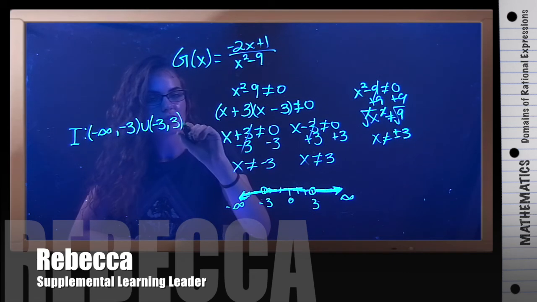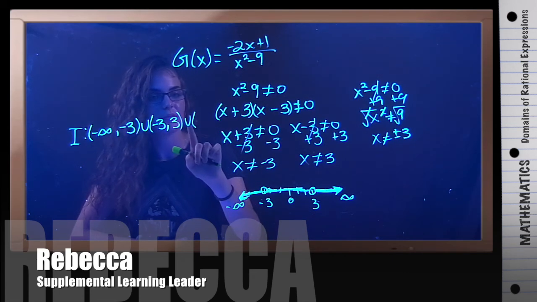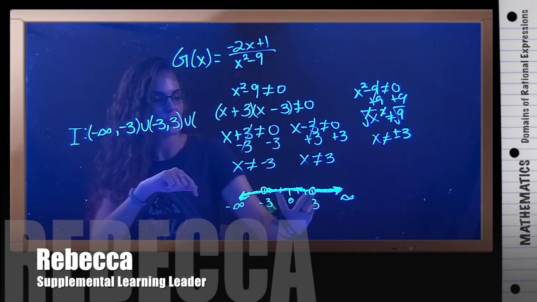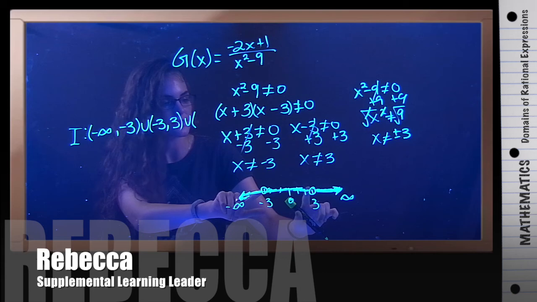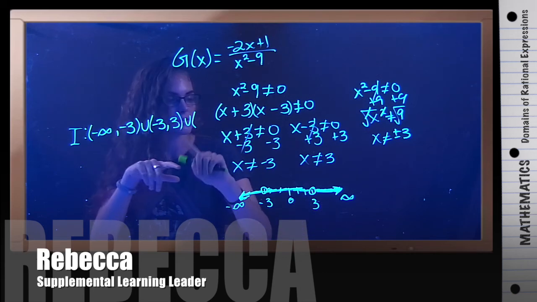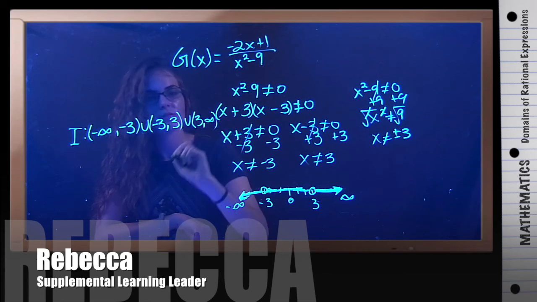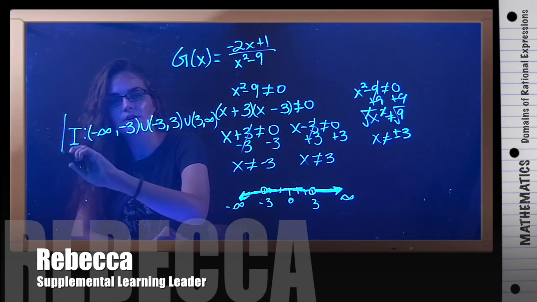And then there's another union. This is at 3, and this one is at negative 3. So if you have two things that x cannot be, there should be two unions. And this goes all the way from 3 to infinity. So this is our interval notation.